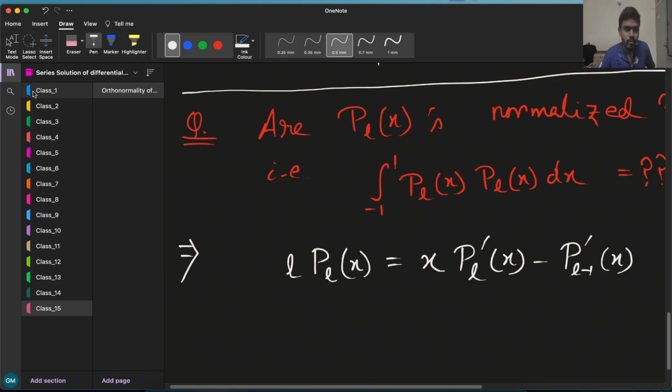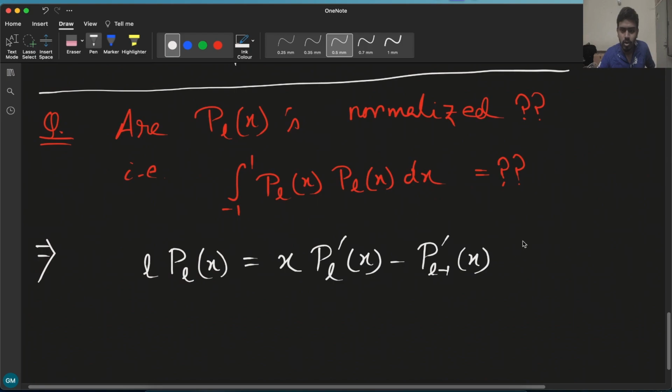Okay, so this is already proved in class 12.